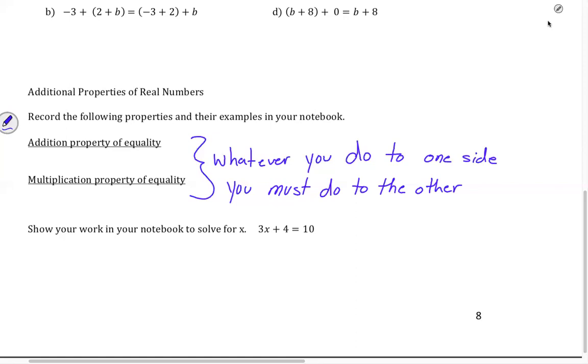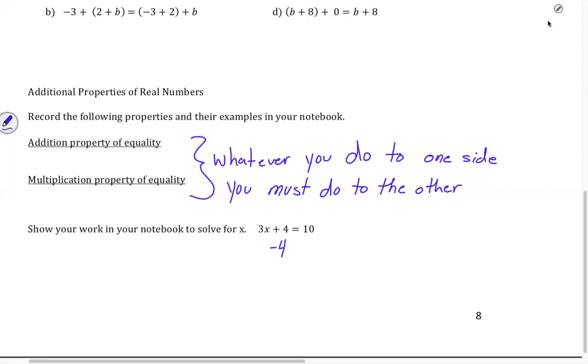So how do I solve 3x plus 4 equals 10? What would my first step be, Lance? You gotta get the x by itself. So how do I do that? Subtract 4 on each side. All right, and that is the addition property of equality. So I'm adding the inverse, essentially.